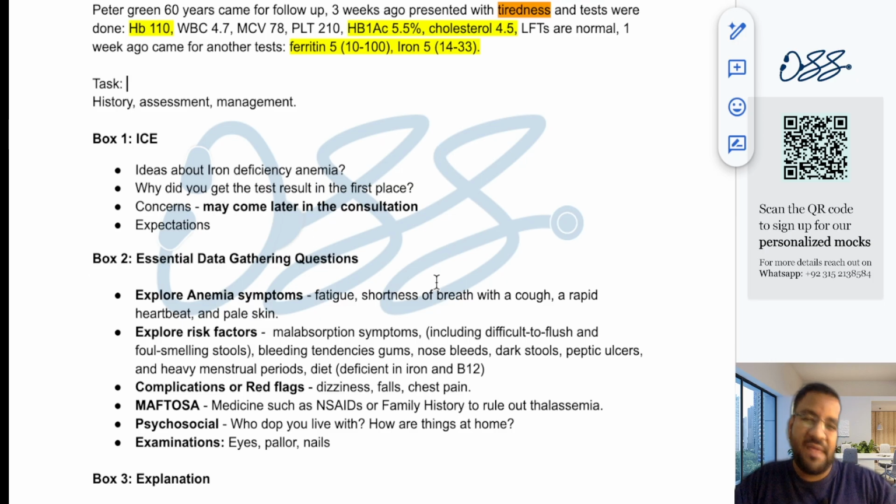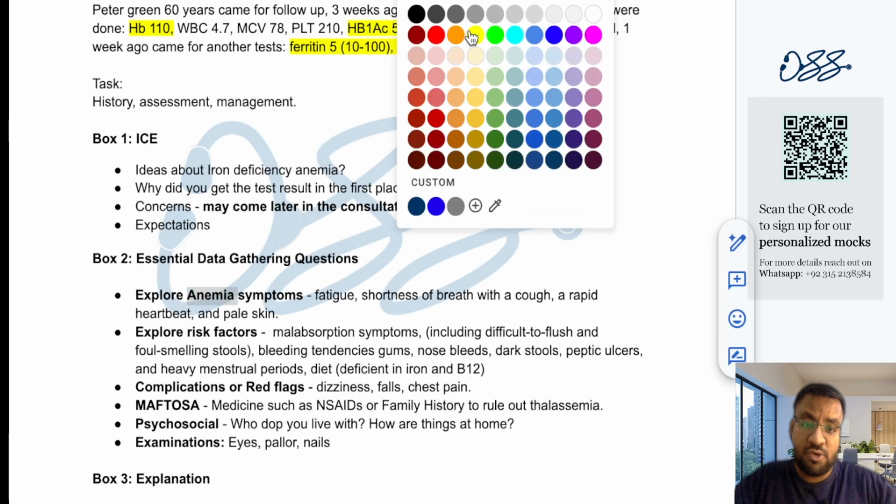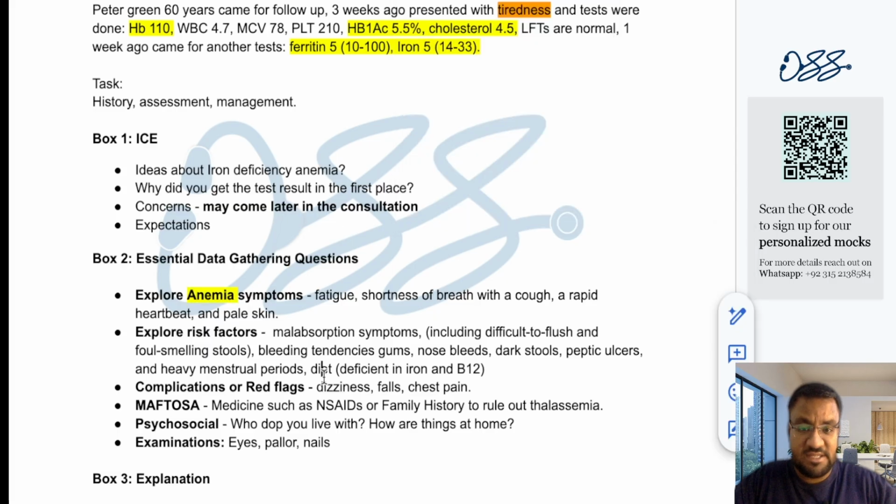But very briefly, to be very honest, you don't need to go into a very detailed approach or ask a lot of questions regarding this. Just very briefly touch upon the anemia symptoms, and you can ask a few questions about tiredness, but again, that is optional.